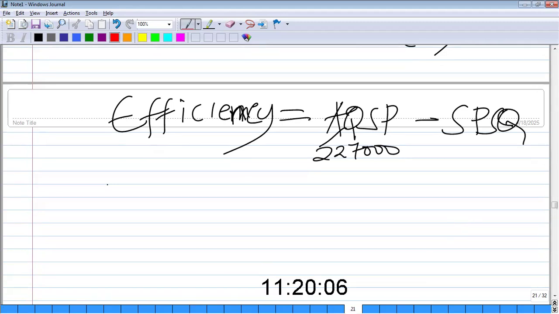Anyway, let me walk through this. Then we need to come this side. What is the standard price per unit? 5. What is the SQ? Remember, SQ is standard consumption per unit times actual units.